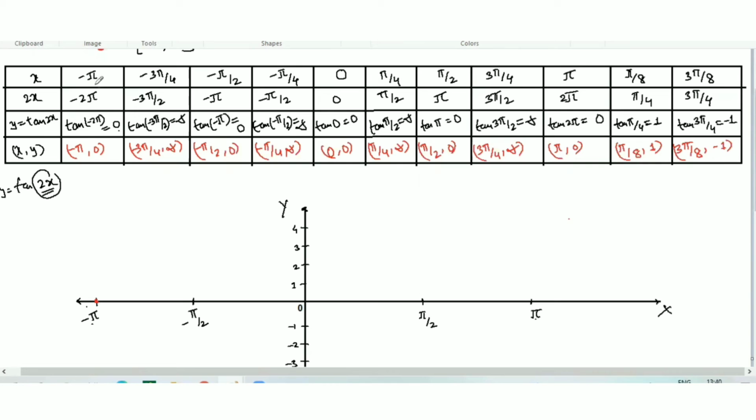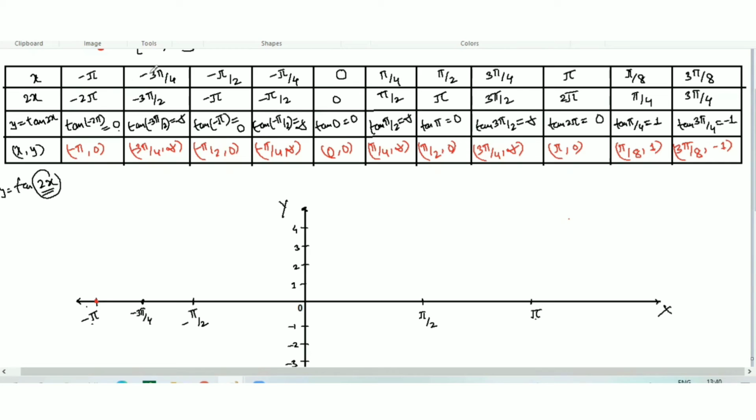Next I have taken minus 3 pi over 4. Minus 3 pi over 4 lies between minus pi and pi. It is halfway between minus pi and minus pi over 2. So I have taken minus 3 pi over 4, and the next row is 2 times this angle.